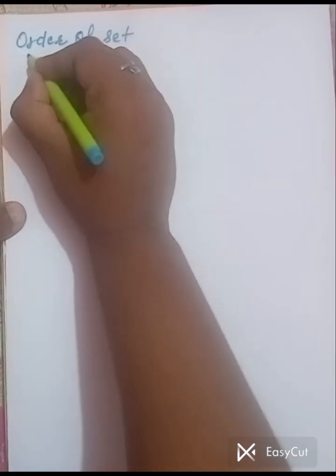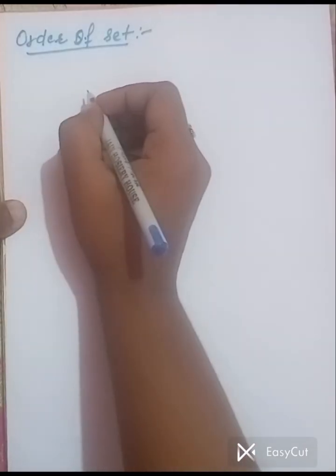Now we define the order of a set. As we have discussed the finite set, what is the order of a set? We discussed that for every finite set we can find an n belonging to natural numbers, so we can list all the elements.